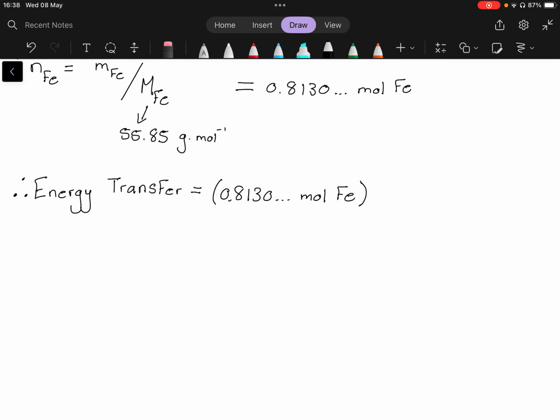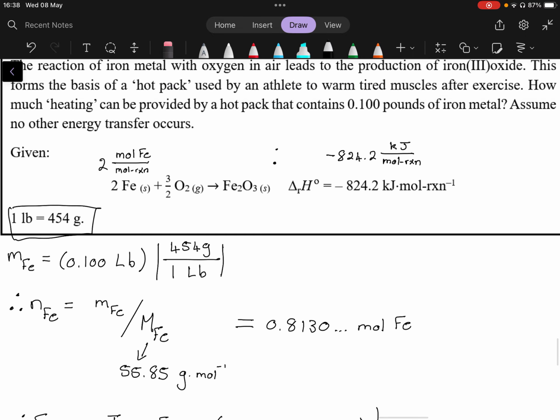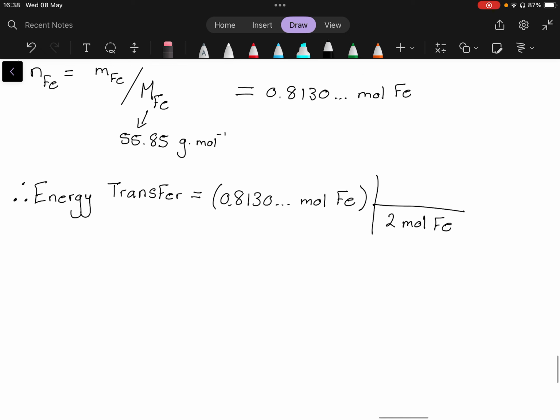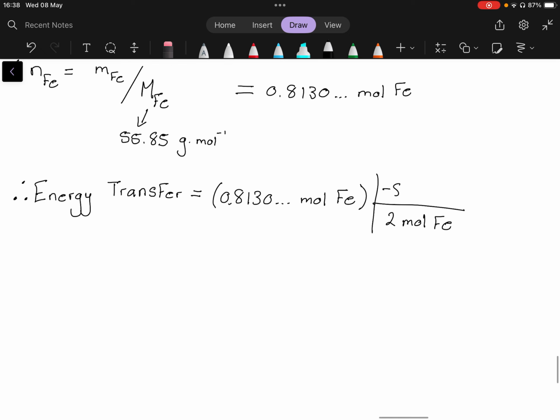So it tells us that 2 mole of iron would give minus 824.2 kilojoules.